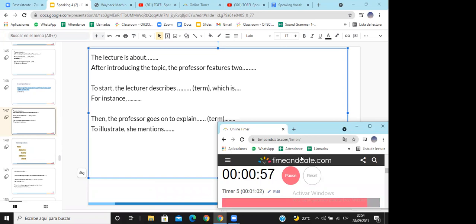The lecture is about how the seabirds can live and can survive finding food. To start, the lecture describe how difficult it is to find the fish because the ocean is so huge. So he mentioned that how they have two type of seabirds, how they can hunt the fish.